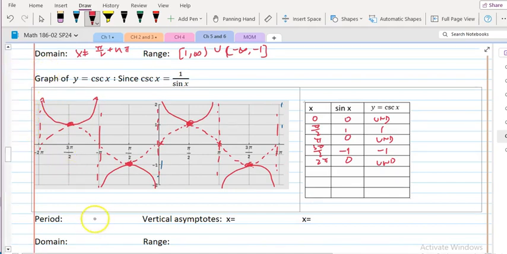The period is 2 pi, vertical asymptotes at 0, pi, 2 pi, 3 pi, right? So it's n pi. Domain would be x cannot be n pi. Range is the same as the other one, from 1 to infinity and also from negative infinity to negative 1.